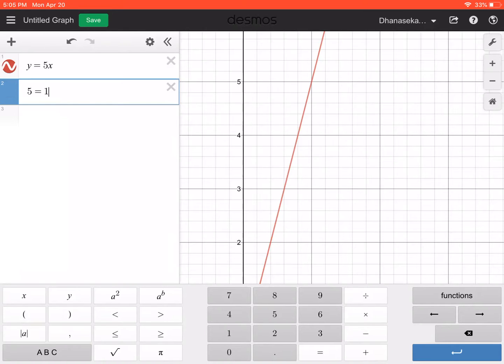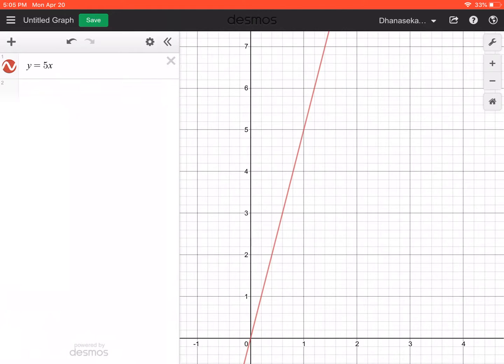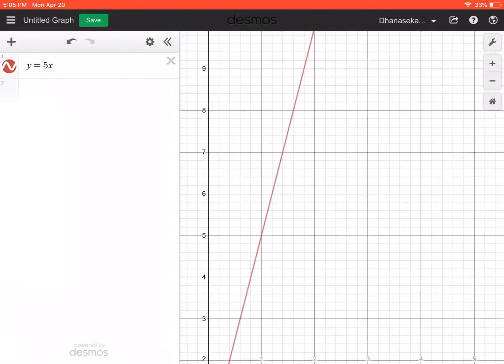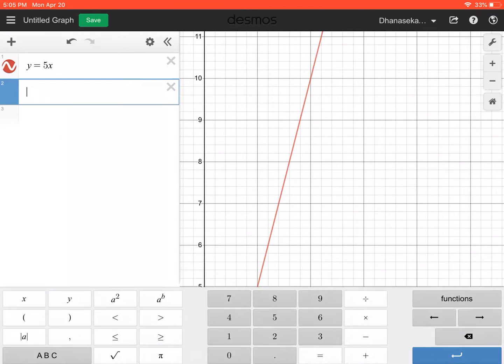So 1 times 5 equals 5. Shocker, I know. But that's another way you can find it. If you go to any point, maybe 2, 10, all I have to do is divide the two and I can find my unit rate, 5.